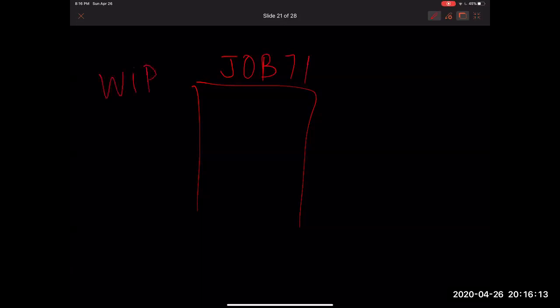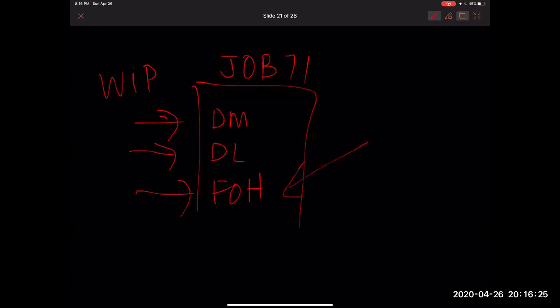We've already applied our direct materials, we've applied our direct labor, and now we're going to do factory overhead. The factory overhead that's applied to this job is the estimated factory overhead.